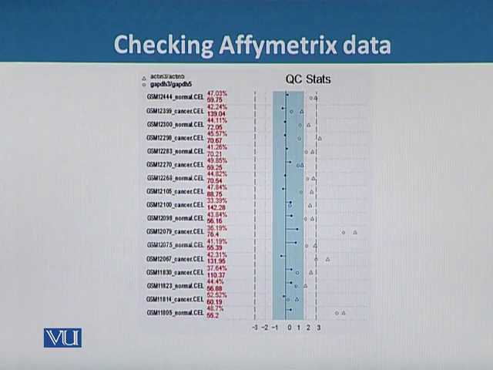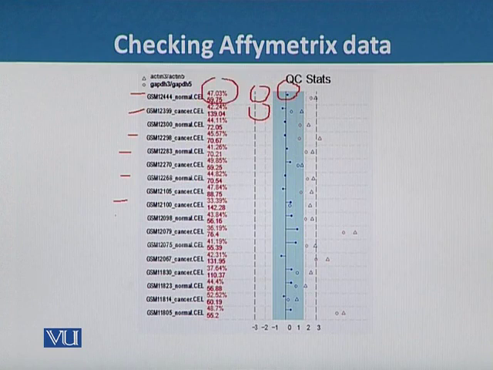This QC scan plot reports quality control parameters for the chip. So we can see here different chips are present, and they are separated by vertical gray lines. The red numbers on the left report the number of the probe sets with the present flag and the average background on the chip.